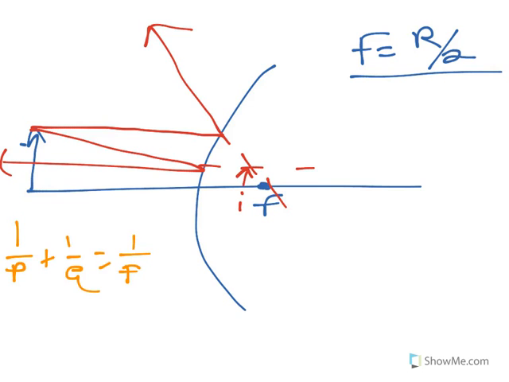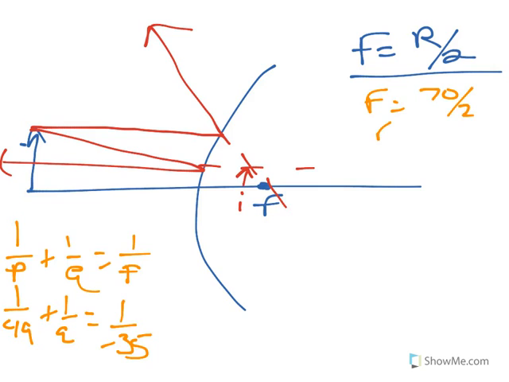Alright, so there we go. We got 1 over P plus 1 over Q equals 1 over F. And so I can fill this in. 1 over 49 plus 1 over Q equals 1 over negative 35. And so if I do that, because remember the focus is equal to 70 divided by 2, focus is equal to 35.